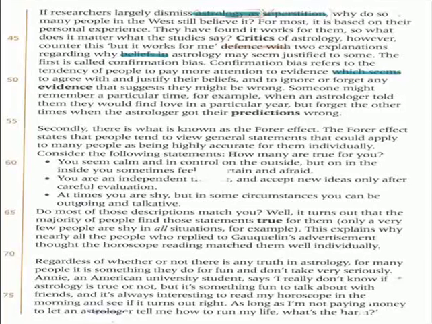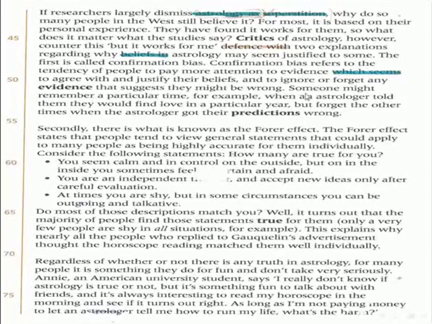The first is called confirmation bias. Confirmation bias refers to the tendency of people to pay more attention to evidence which seems to agree with and justify their beliefs, and to ignore or forget any evidence that suggests they might be wrong.